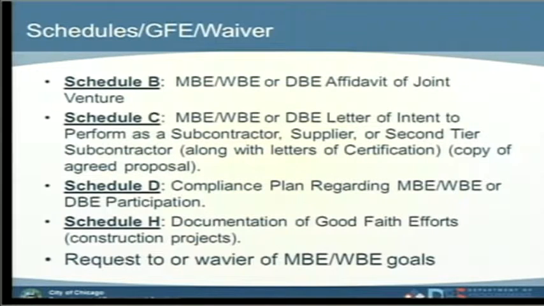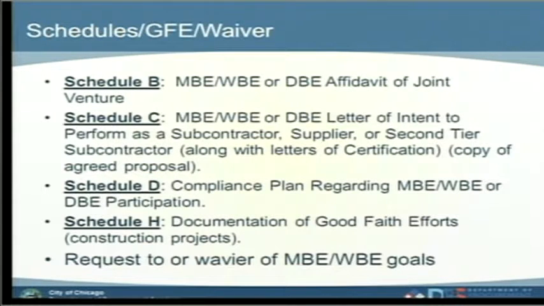Schedules, good faith effort, and waivers. The schedules are dependent on what kind of contract you are bidding on, okay? We're going to tell if need be at the end when it's time for the questions. A Schedule B is a minority, women, or disadvantaged business enterprise affidavit of a joint venture. That's when you pair up with another or others to bid on a project.